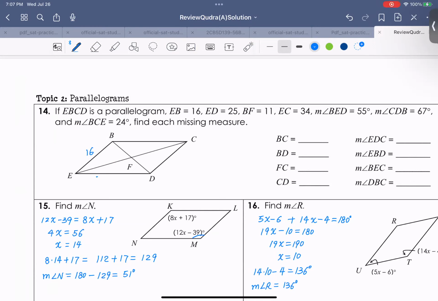ED is 25. Make sense? And BF is 11. EC is 34. Haiti, unmute yourself, please.